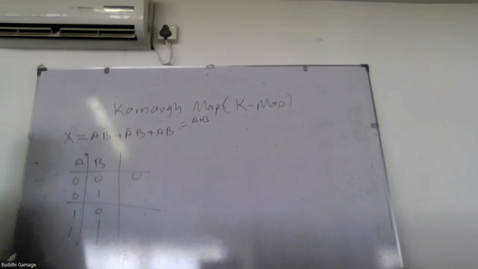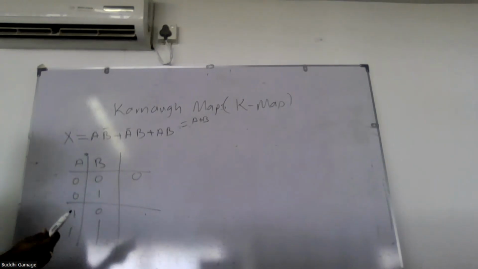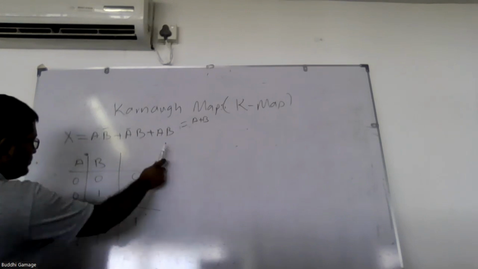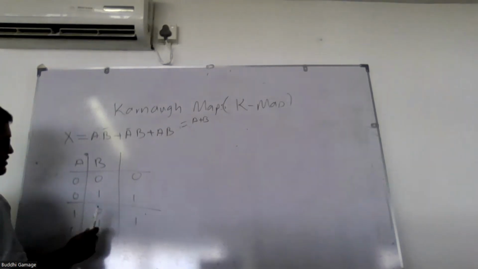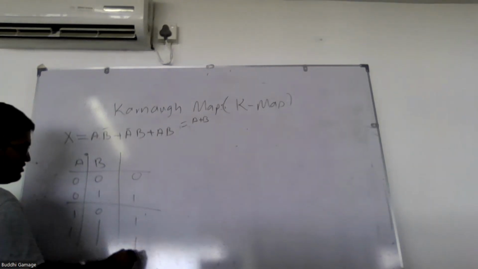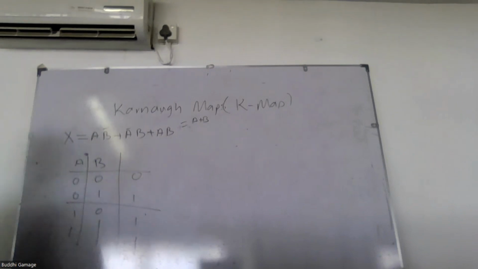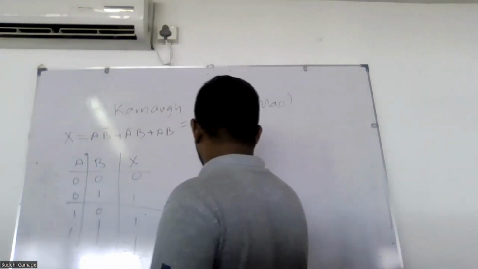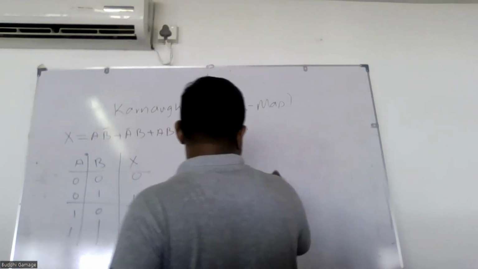Actually, this is an XOR gate, so both of these should be 1. The last part is 0, but A B is 1, so this is 1 as well. This is all.